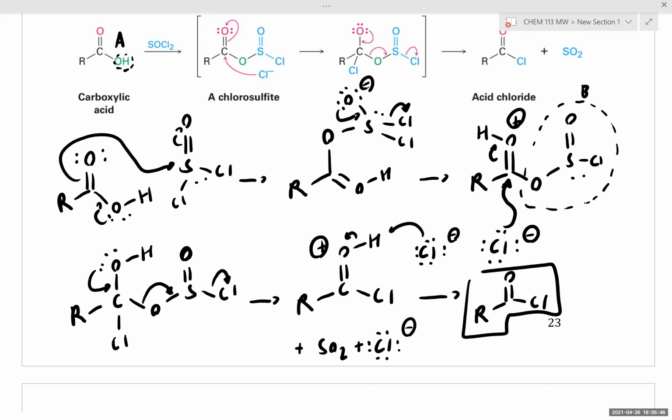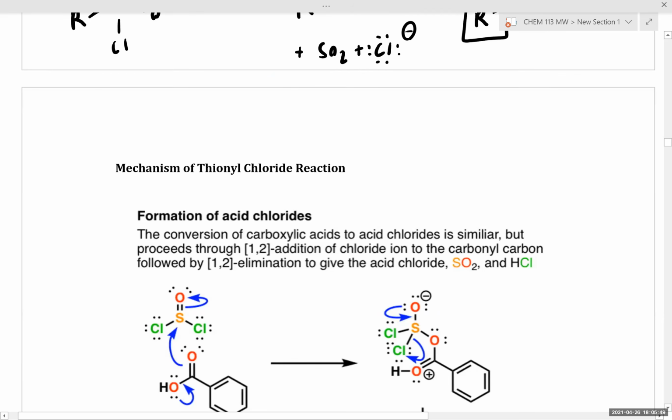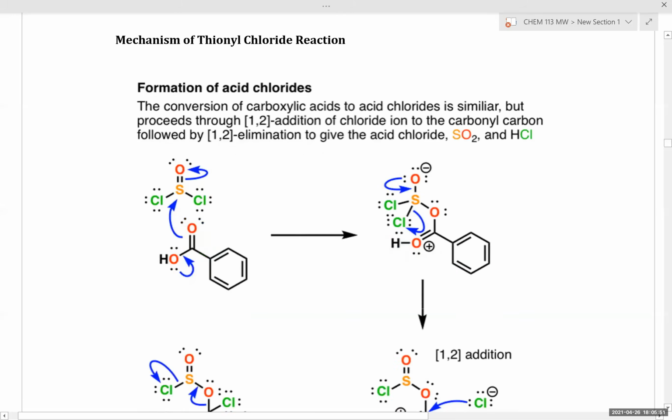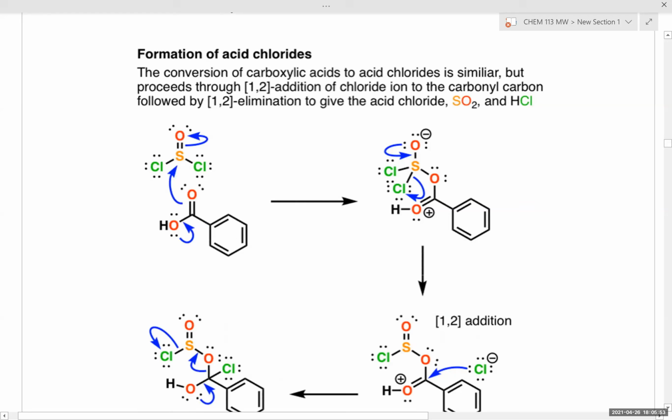Okay, so let's try to apply what we've learned. Here's another reiteration of the mechanism for the formation of acid chlorides. In this case, our carboxylic acid will attack the electrophilic sulfur atom of thionyl chloride.